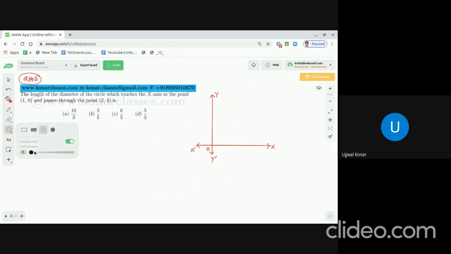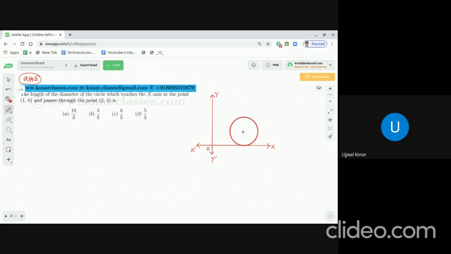Now let me draw the circle. This is a circle, as you see.